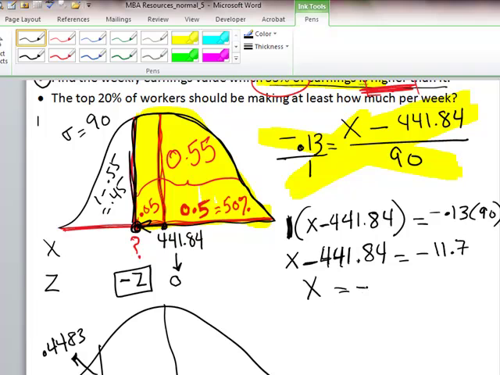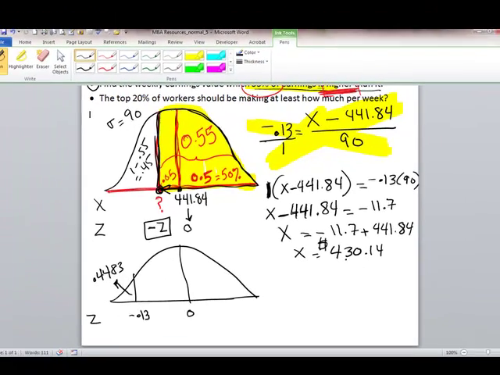So I will end up with negative 11.7 plus 441.84. And that gives me an x value of $430.14, meaning that 55% of all production workers have earnings higher than $430.14.